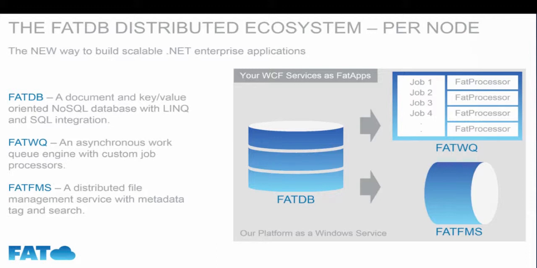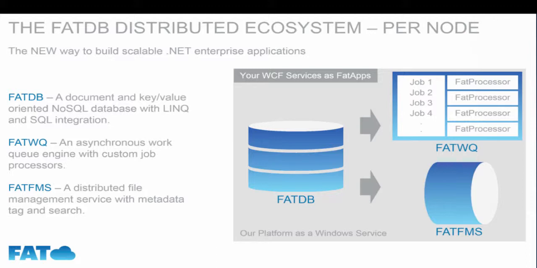Examples of this work could be transcoding media files, computing stock market portfolios, doing weather simulation, computing the digits of pi, et cetera. We've had customers use it for email blasts, all sorts of stuff.